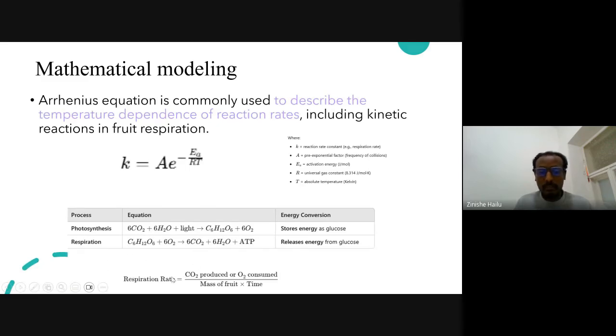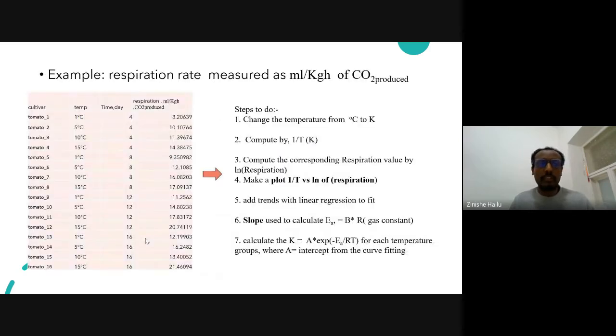Respiration rate can be measured by the carbon dioxide produced or oxygen consumed over the mass of the fruit times time. With this, we can model our measurement.